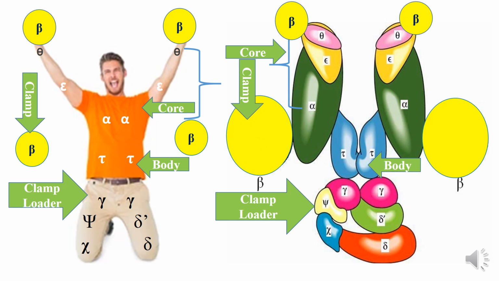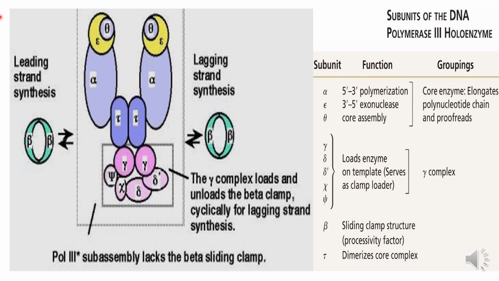So let us take a quick look at the polymerase 3 holoenzyme and the functions of different functional subunits. There are four functional subunits. The first one is the core enzyme, which elongates the polynucleotide chain and proofreads. This is the core enzyme area. Then it is composed of the gamma complex.